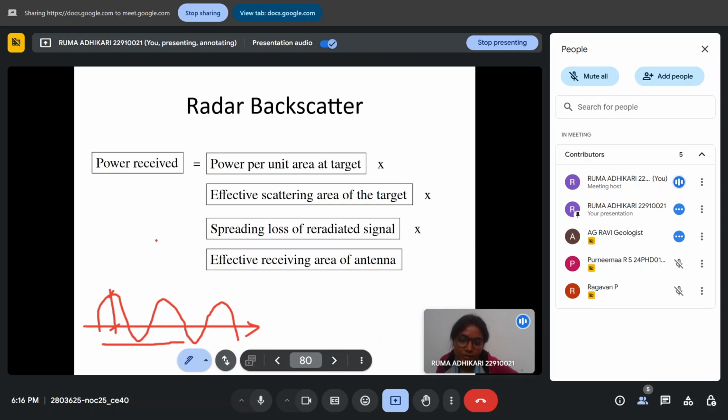Intensity or power is the square of amplitude. But the power we calculate for SAR, for radar, is the log 10 based power. Power in dB, similar to the sound unit, decibel. We calculate it in log 10.